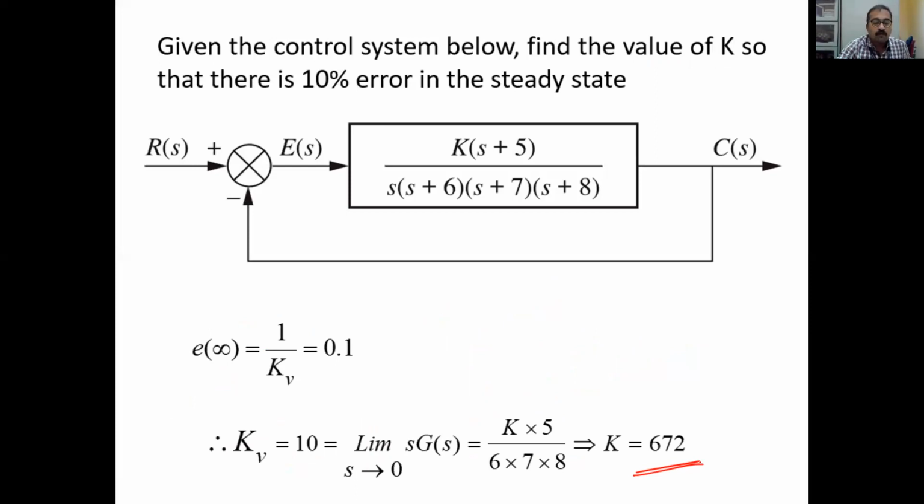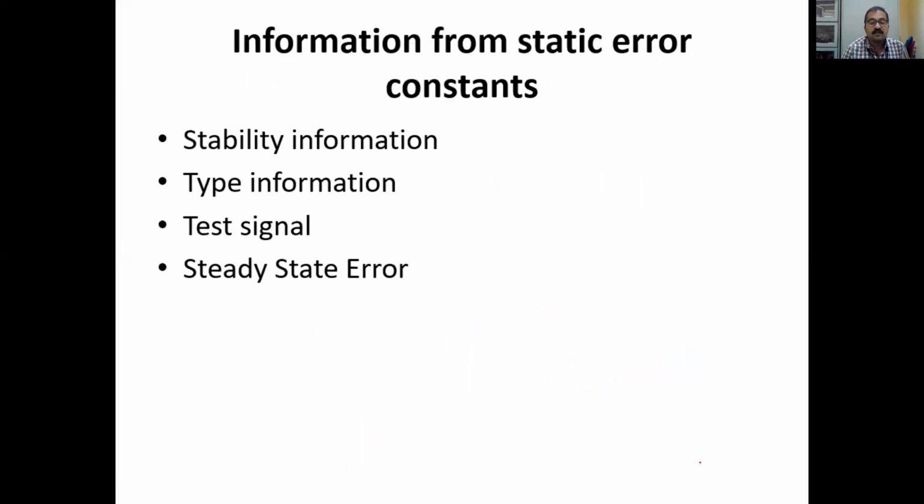Okay. Now, what are the information that we get from static error constant? First information is about the stability, whether the system is stable or not. Okay. What do you mean by stability? We are going to see that in the next class. Then we will get information about type of the system, right? Then what's the kind of the test signal that you are giving? Say, if you are finding Kp, we know static position error constant.